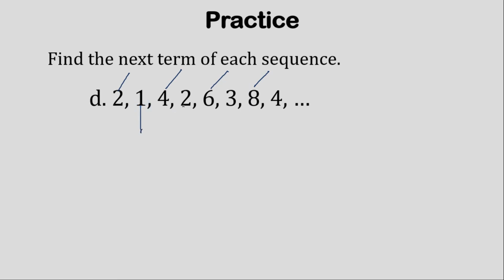Then 1, 2, 3, 4. So what is the next term here? We will just follow this 2, 4, 6, 8. Then the next term is 10. And if we push through, the next term is 5, then 12, then 6. But since we just need the next term, we can just say 2, 4, 6, 8, 10. So 10 is the next term.